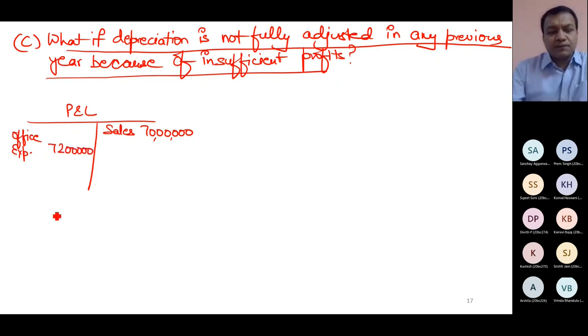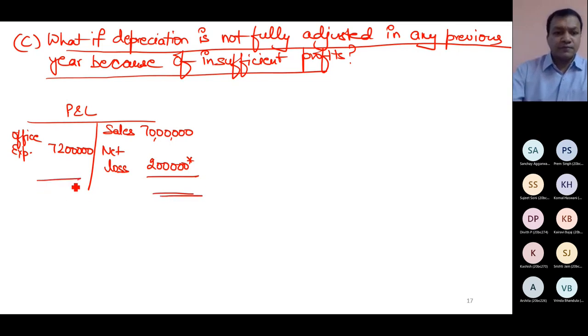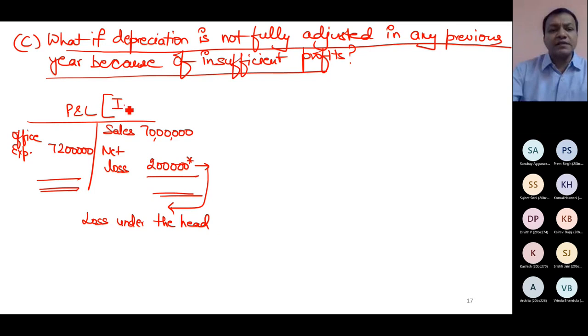Can you tell me what is my net result? So 2 lakh loss, 100% correct. In the Income Tax Act, I will call it as loss under the head PGBP, assuming that this P&L account is prepared as per IT Act.